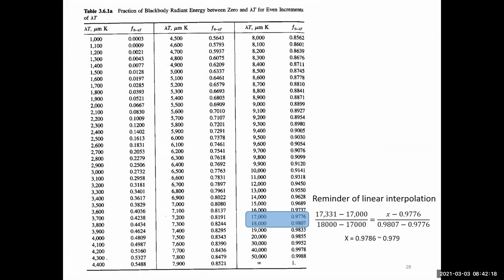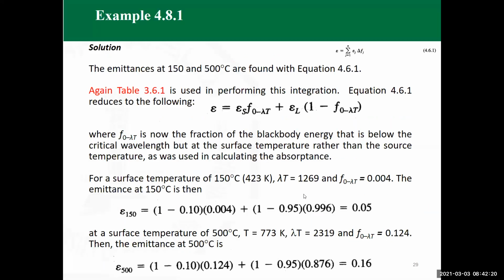Now, the second part is we need to calculate the value of the emissivity at these low temperatures. One of them is 150 degrees centigrade. The other one is at 500 degrees centigrade.